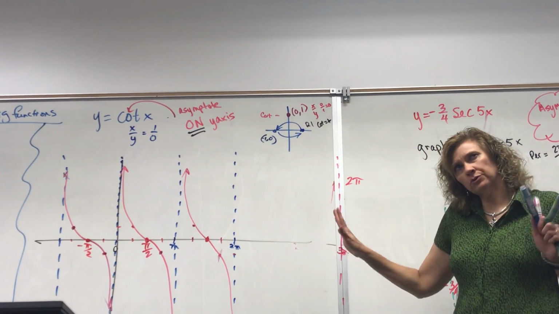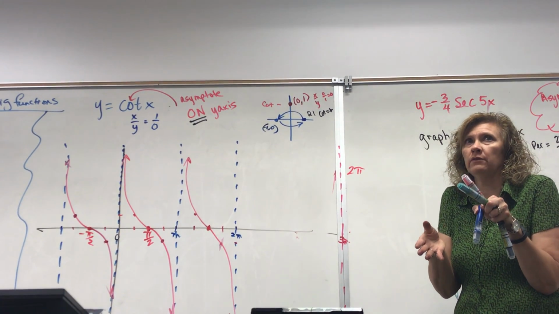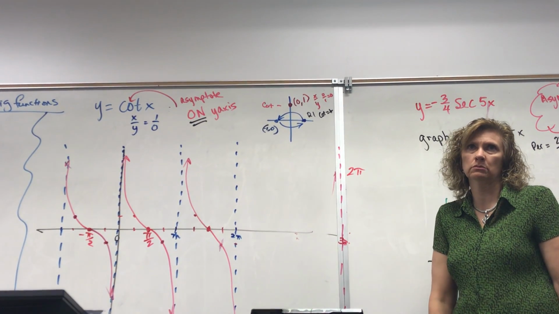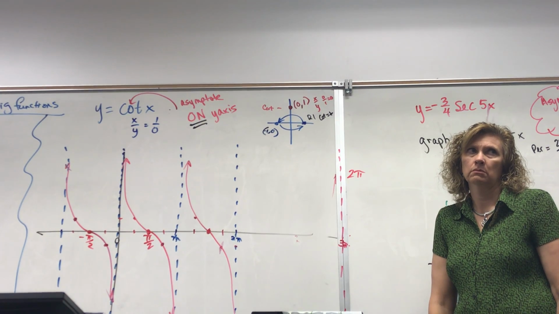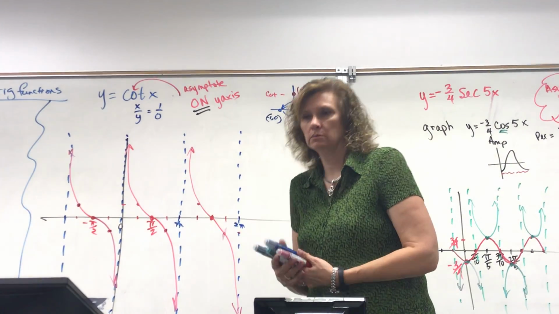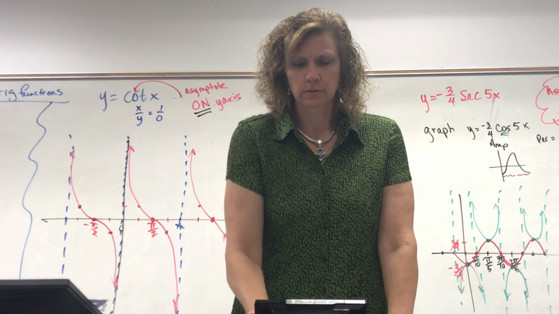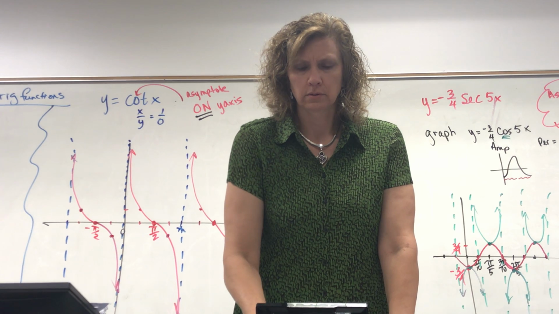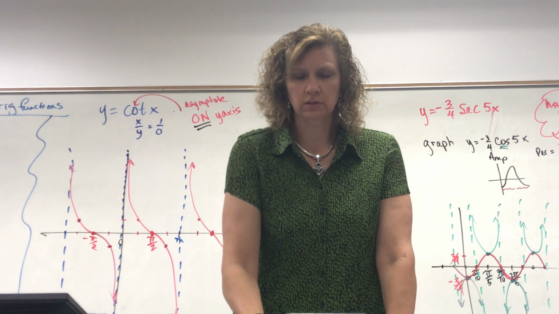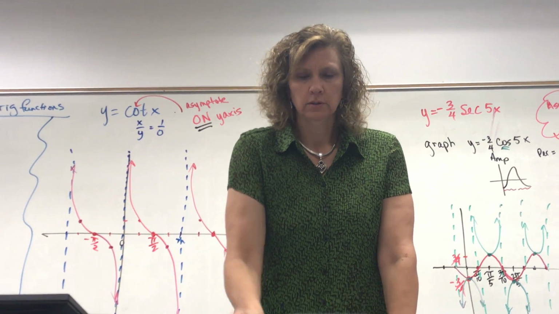Okay, so do you want to practice with a cotangent graph, or do we want to have a picture of a graph and then we have to write the equation? Have a picture, write the equation. How fast do you think this thing is going to pull up? Ugh, come on. All right, fine, forget it.